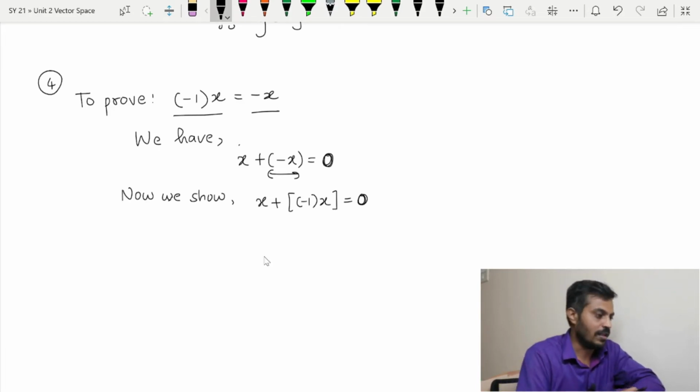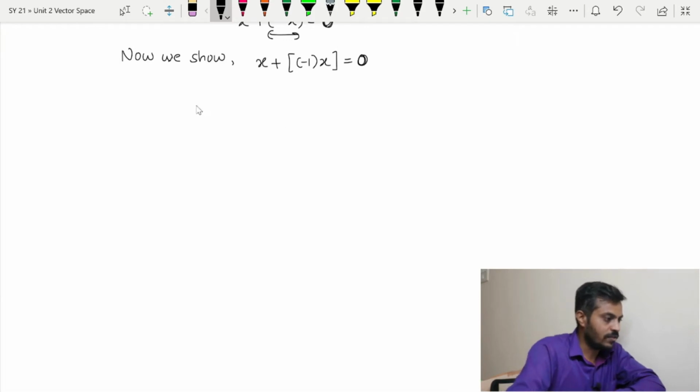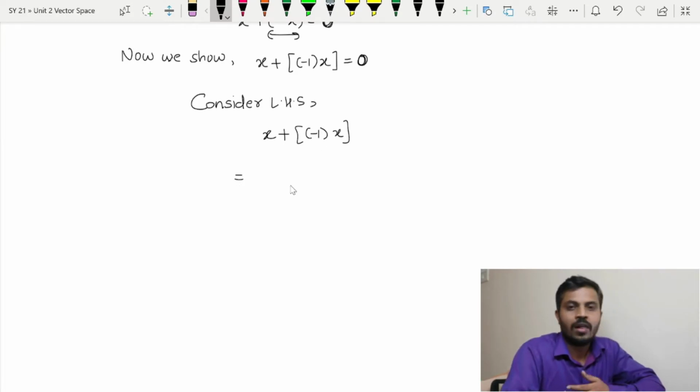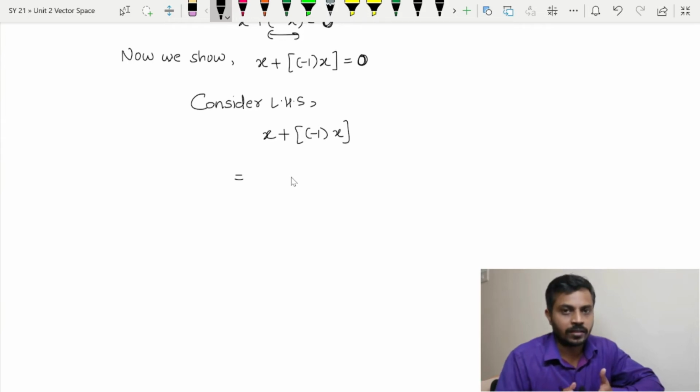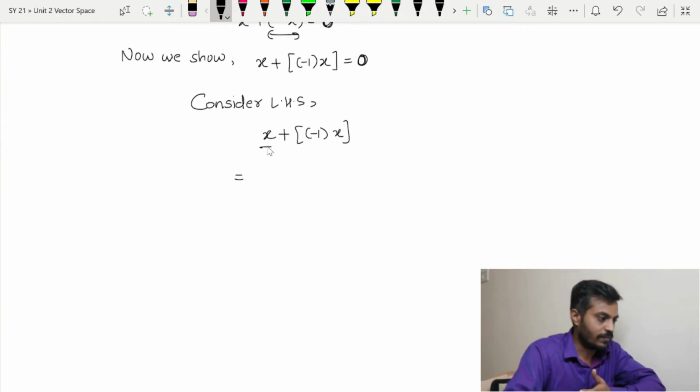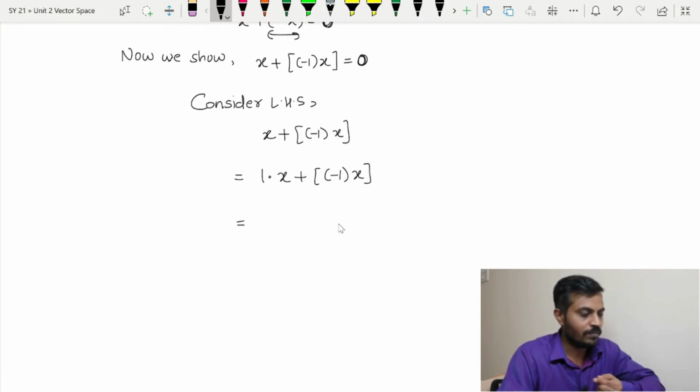I will consider LHS: x plus minus 1 multiplied by x. According to P8, how can you write this x? This x can be written as 1 dot x plus minus 1 multiplied by x, which is equal to... Now just think properly which property can be used here.